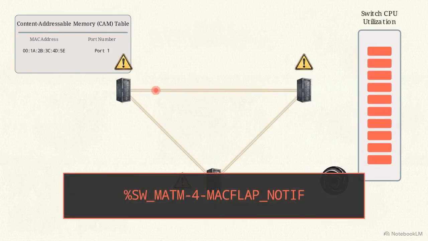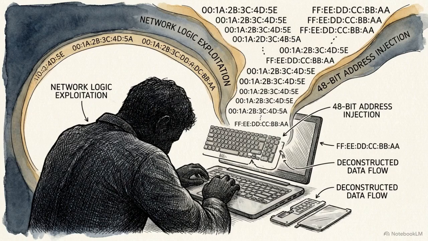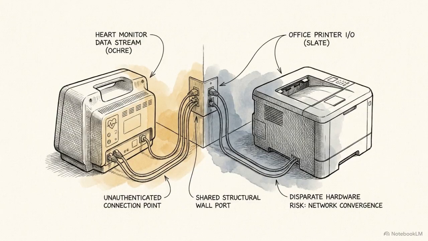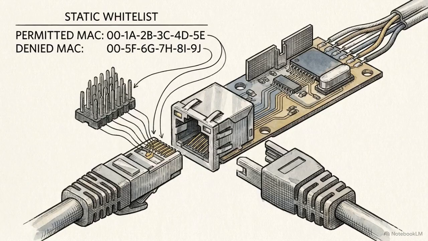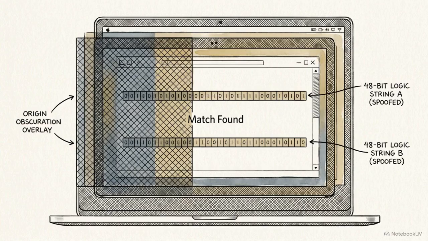Beyond configuration errors, the transmission of MAC addresses in plaintext on the local segment invites direct exploitation. Many environments use MAC address bypass to accommodate devices lacking advanced authentication, like printers or medical sensors. The switch is configured to permit network access purely based on a known MAC address. Because MAC spoofing is executed in software, an attacker can observe a printer's broadcast, clone that address, and instantly bypass network access controls.